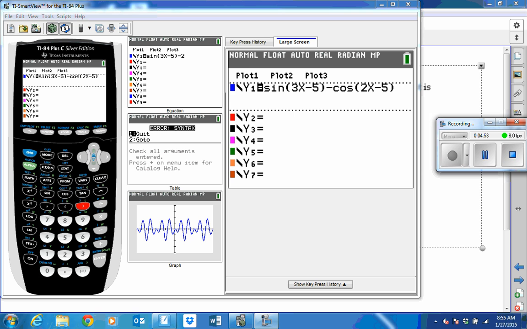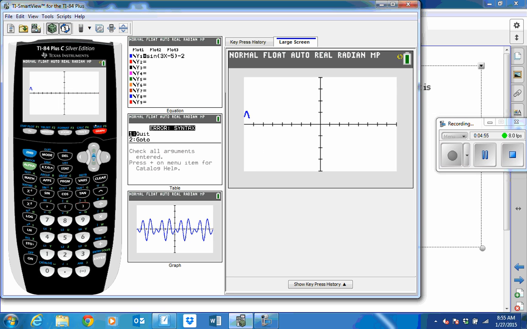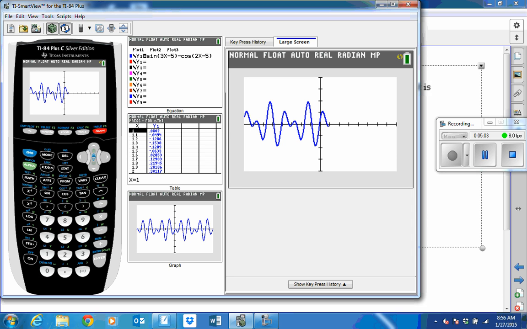So I've put the function into the calculator. Now let's graph it and see if it repeats at any point. So if we look to the left of the y-axis, we see it looks like a heartbeat.